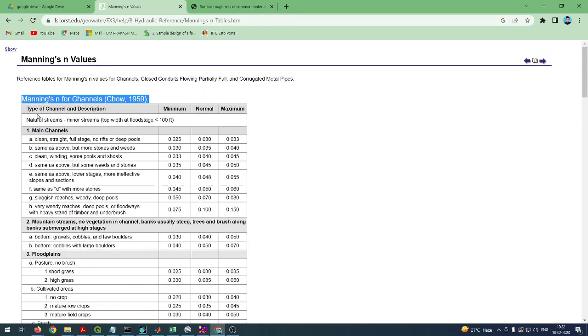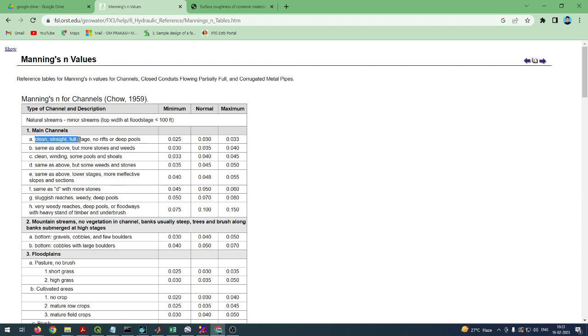Manning's n from Chow: natural stream, minor stream, top width with flood stage less than, minimum, normal or maximum.